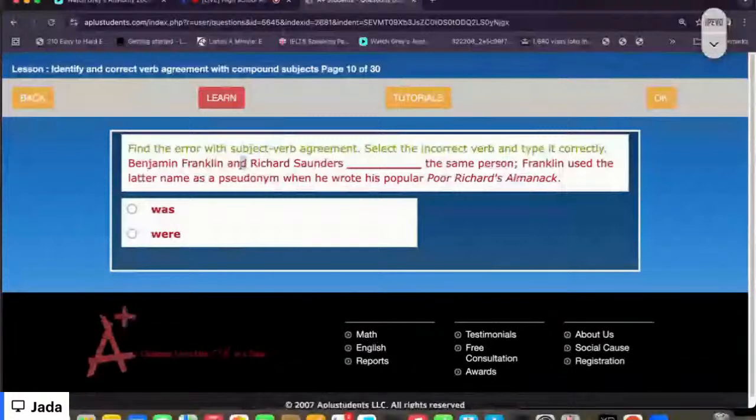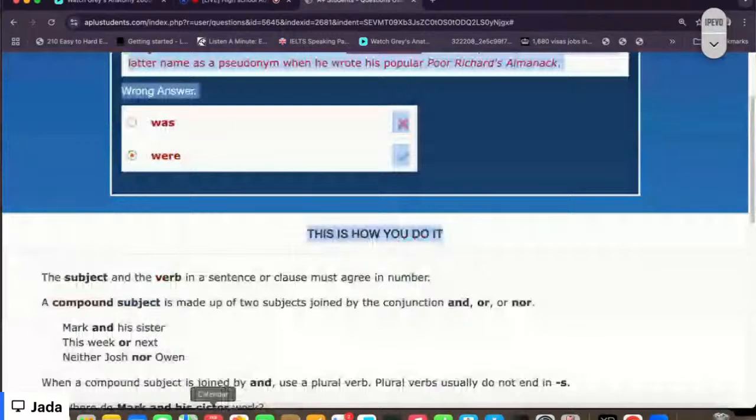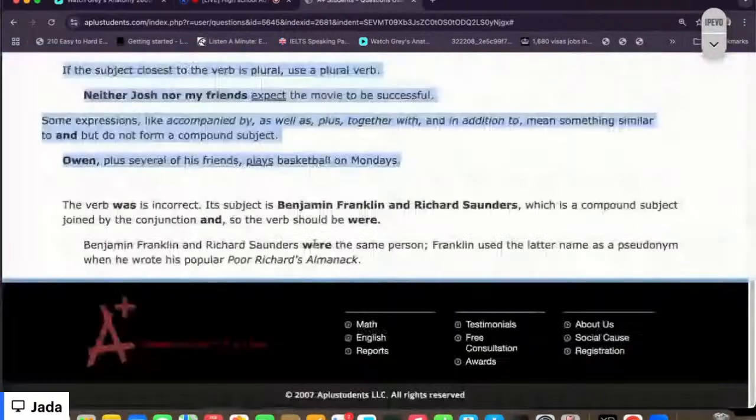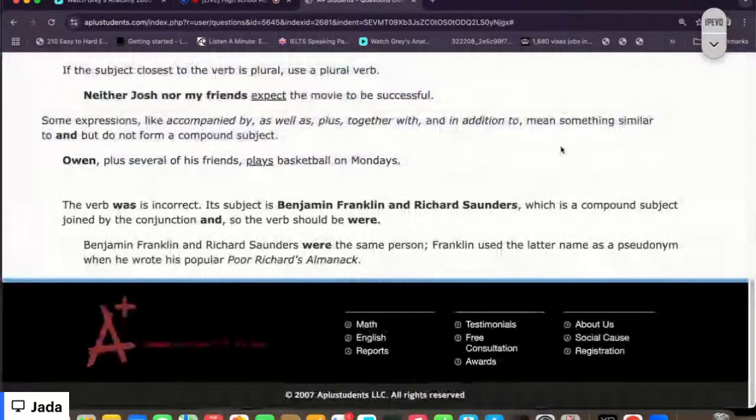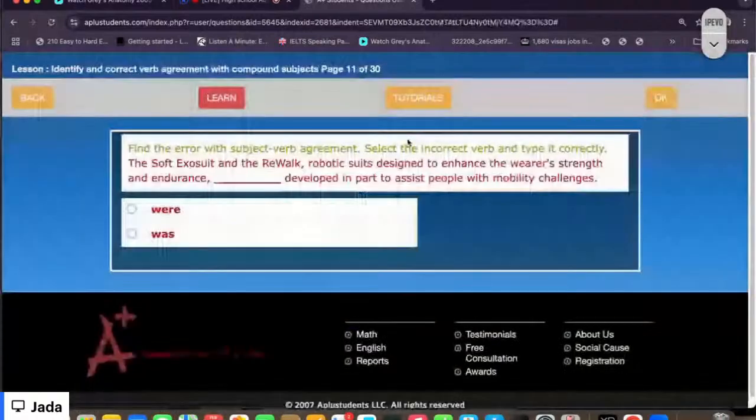So, which one? What do you think? So, if you put was, it is wrong here, okay? So, it's supposed to be were, alright? So, you have to take note of that. So, remember that once there's an and, it is automatically what? Plural. Okay.